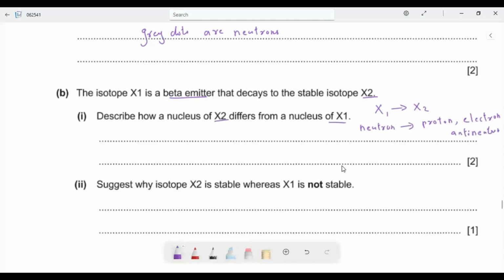That means the neutron in the nucleus emits a proton, electron and anti-neutrino. So the new stable isotope X2 will have one extra proton and one extra electron. So here one more proton will be there. One more electron also will be there.